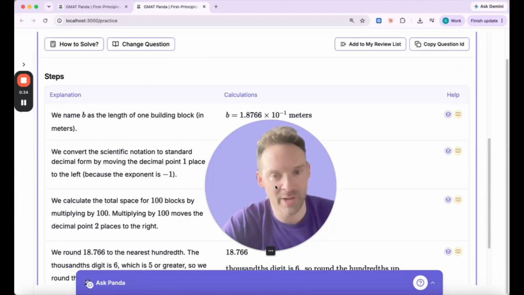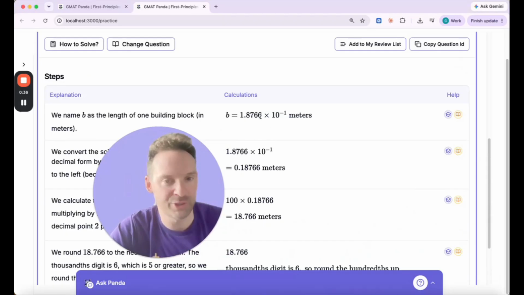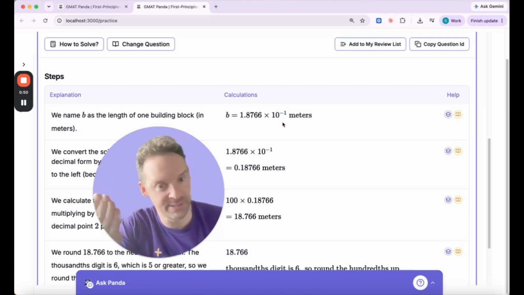So when you have a number like that, which you multiply by a power of 10, and in particular 10 to the power of minus 1, effectively what you're doing is you're multiplying by 1 over 10, or multiplying by 0.1.